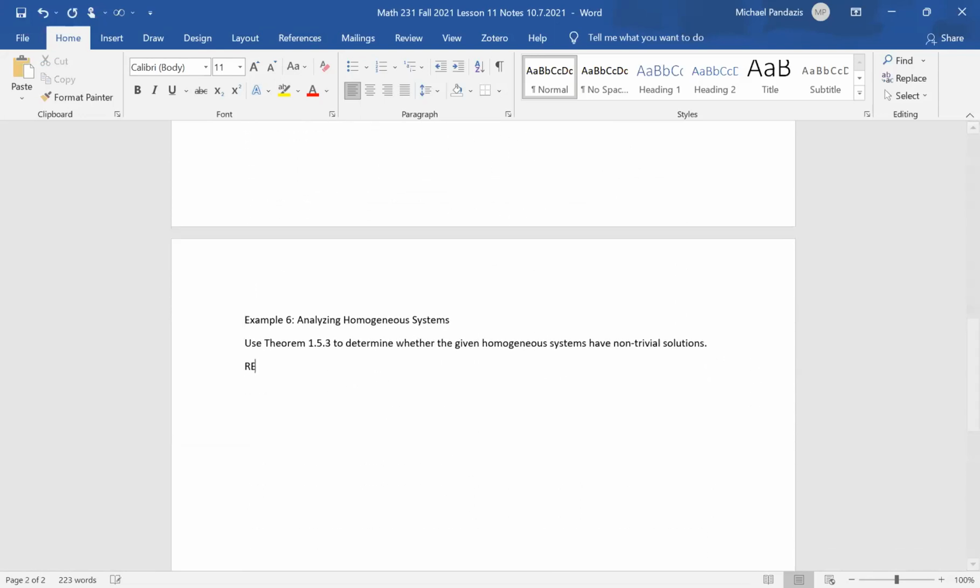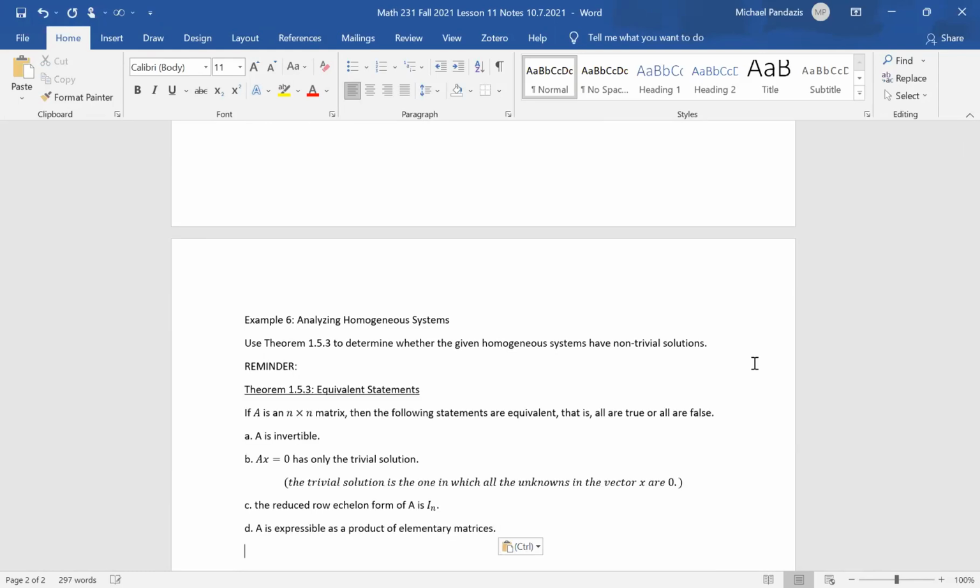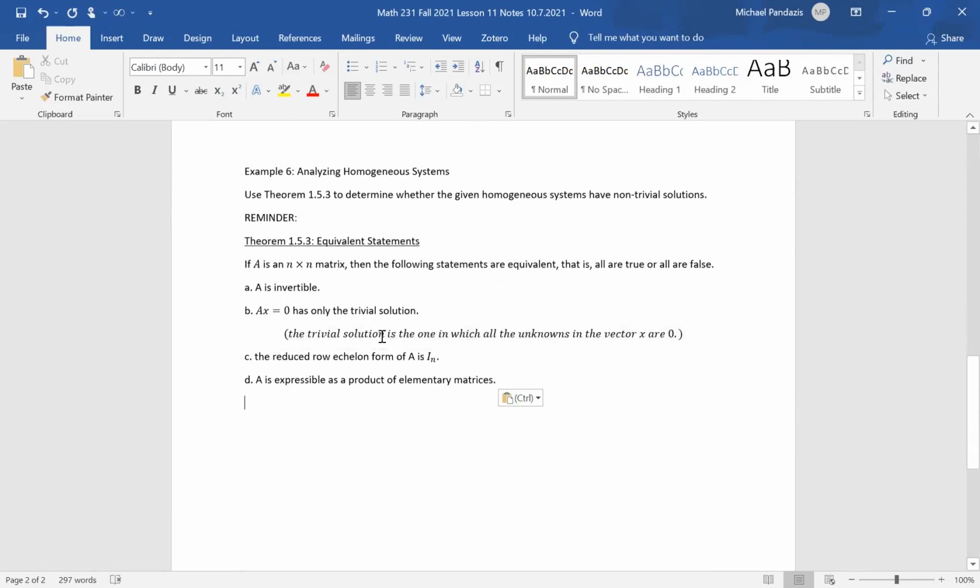As a reminder, that's theorem 1.5.3, equivalent statements. If A is an n by n matrix, then the following statements are equivalent. That is, all are true or all are false. A: A is invertible. B: AX equals 0 has only the trivial solution, the one in which all the entries of the vector X are 0.